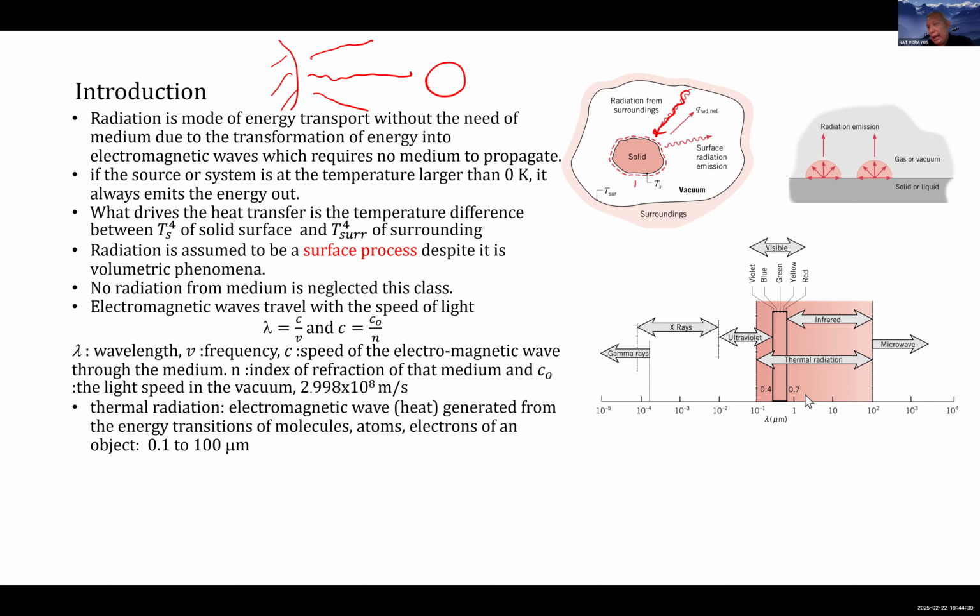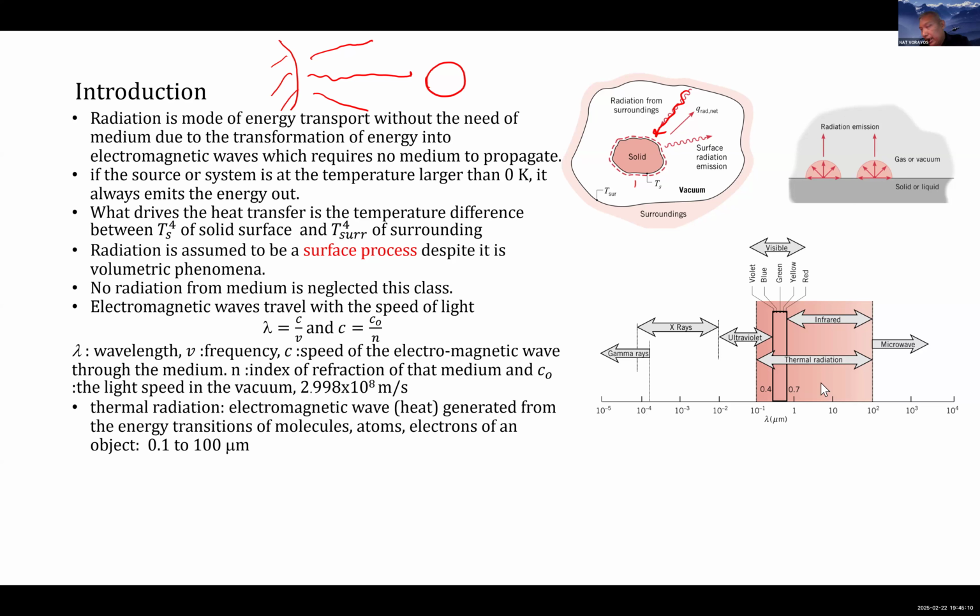Okay, and the thermal radiation coming out of the sun to the earth has an effect on the surface of the earth, which is the ending point for the light from the sun. This range is about 10 to the minus 1 to 100 in terms of wavelength in micrometers.